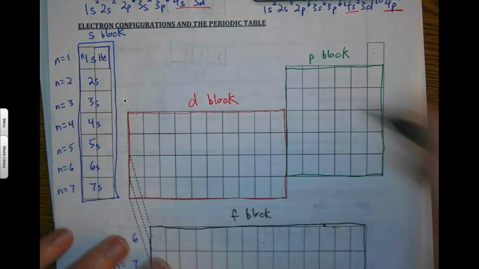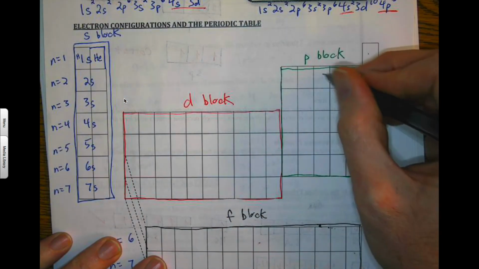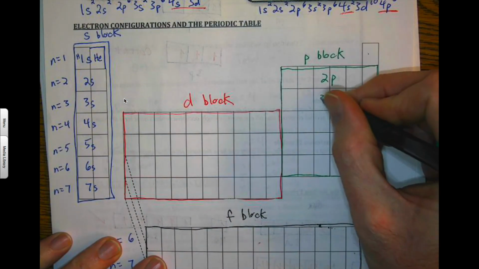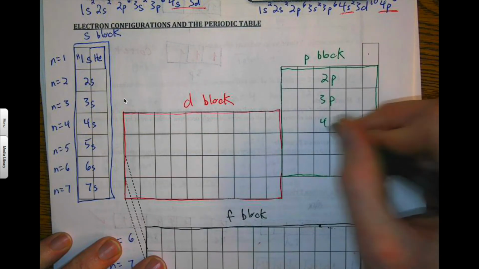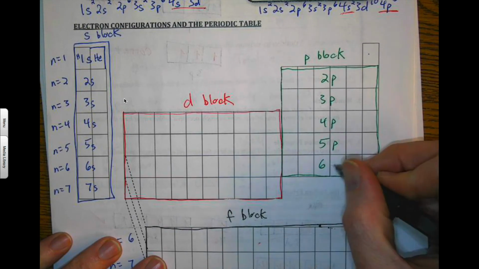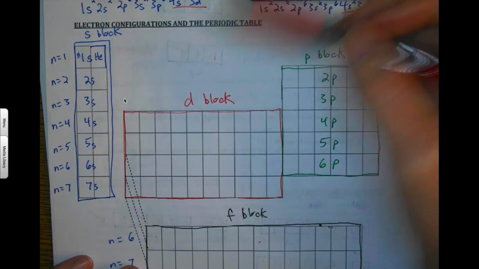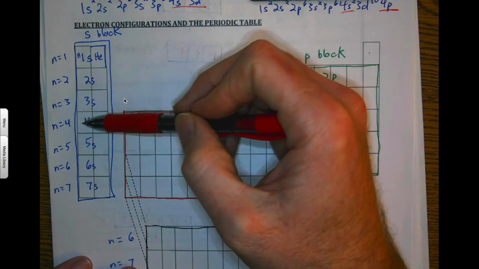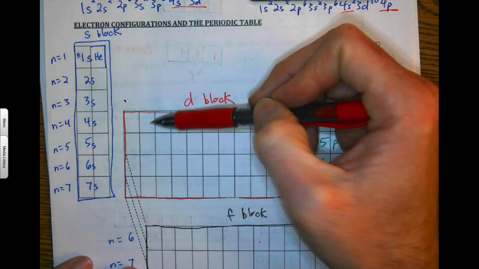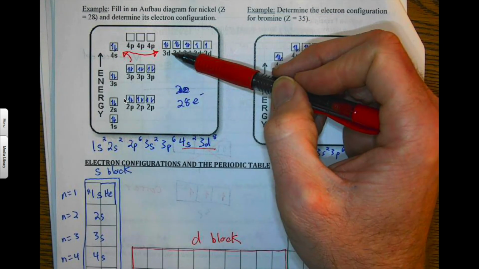And then for p, this is the second row. So this would be 2p, 3p, 4p, 5p, 6p. And now, remember, we went from 4s into 3d, right?